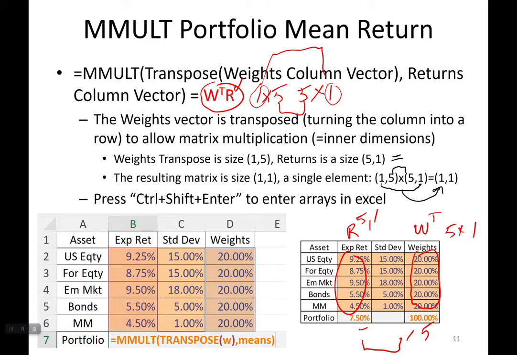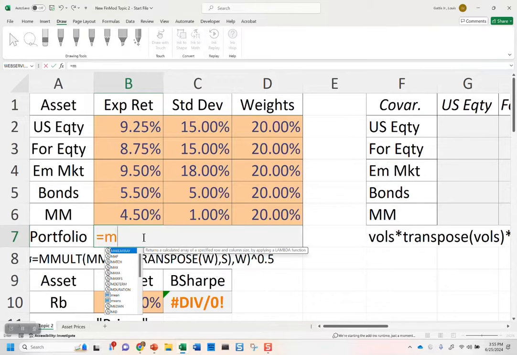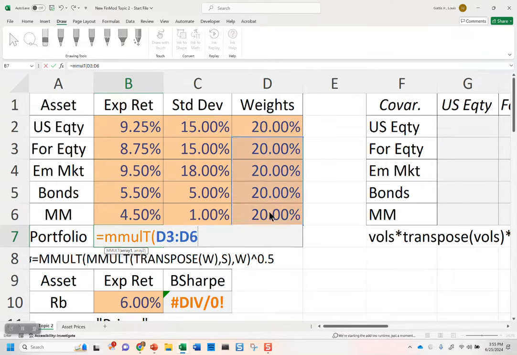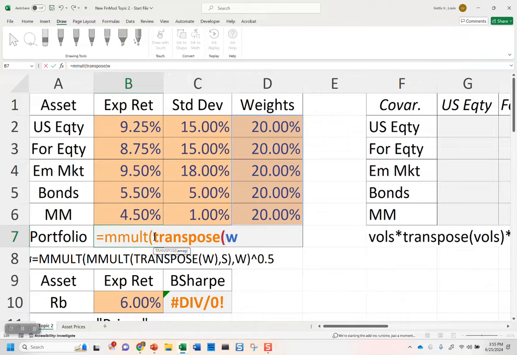So let's do that in Excel. I'm going to go to the spreadsheet, and instead of using sum product, I'll say equals MMULT. These are my weights, but I want to actually transpose, which is another Excel function, TRANSPOSE of W. It's going to turn those weights into a row vector times the returns.